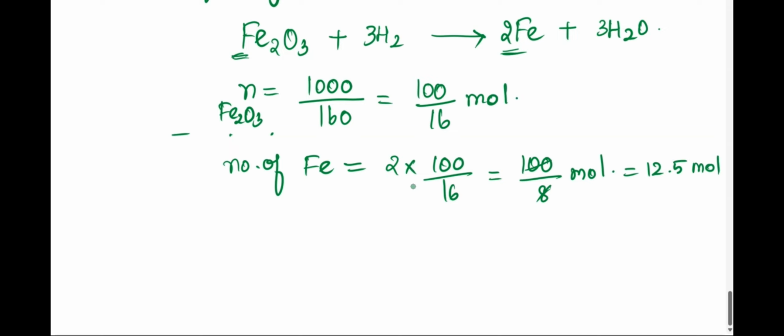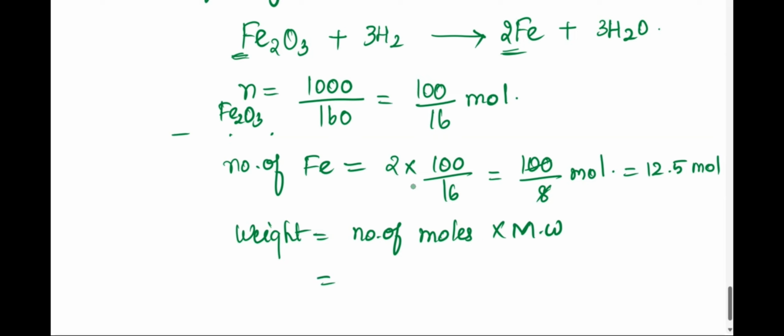So number of mole is equal to weight by molecular weight. Weight is equal to number of moles into molecular weight. Molecular weight of iron, because we are going to calculate that only, right?